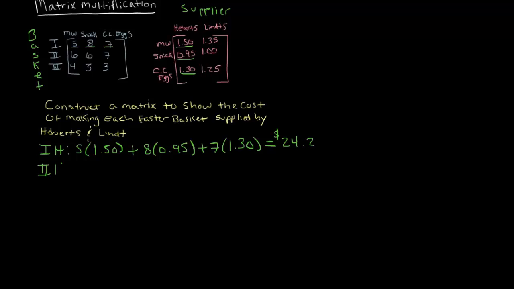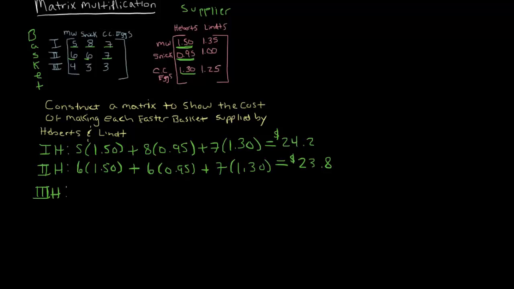Basket 2 would be, well, 6 Milky Ways at $1.50 each. Six Snickers at 95 cents each. And 7 Cadbury Cream Eggs at $1.30 each, for a total cost to make basket 2 from Hebert's being $23.80.